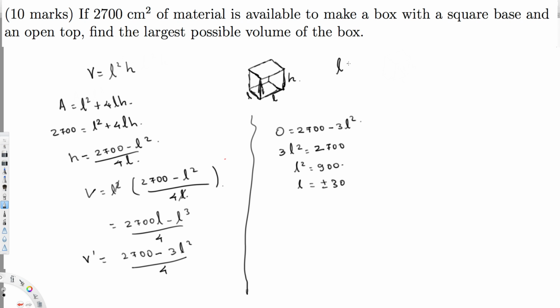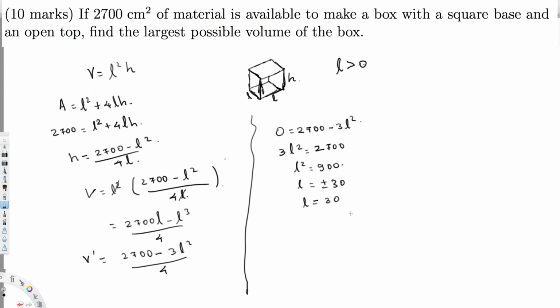So it's definitely greater than 0. L is greater than 0, that's my domain. Therefore the value is just plus 30, right? L is 30, and that's my value for L.